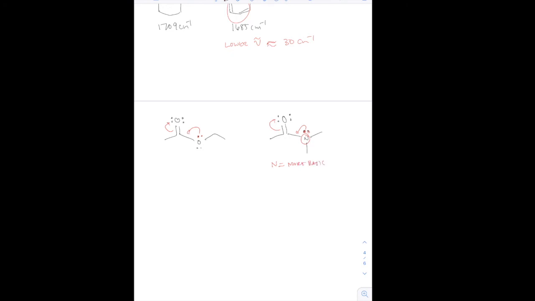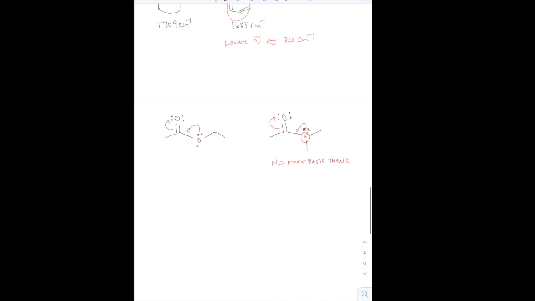more basic than oxygen. It's also considered, therefore, a good pi donor, meaning that it's going to donate those electrons to create a pi bond. And so if this is the case, then that means we're going to have lower wave numbers for the amide than we will for the ester in this case.